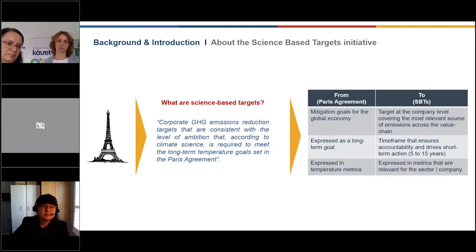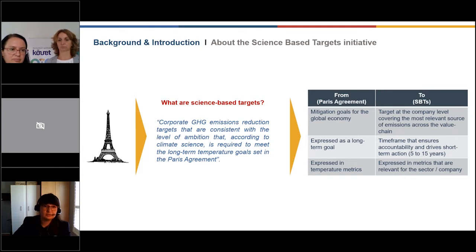So the concept of science-based targets is very simply a corporate greenhouse gas emission reduction target that specifies how quickly and by how much a company needs to reduce their emissions to align with the latest climate science. So to align with the goals set out within the Paris Agreement, aiming for a 1.5 degree future where we have global warming of 1.5 degrees above pre-industrial temperatures.